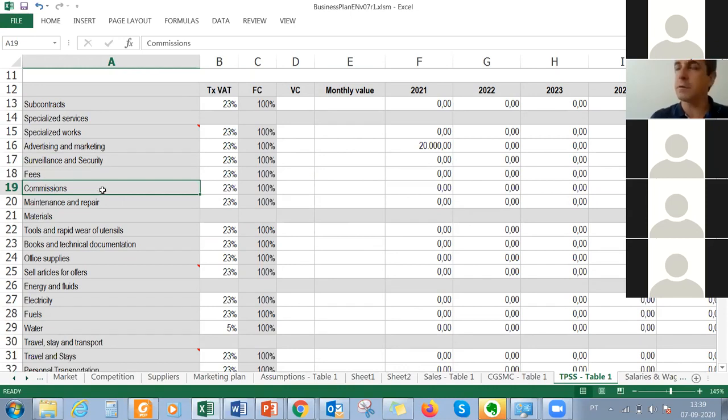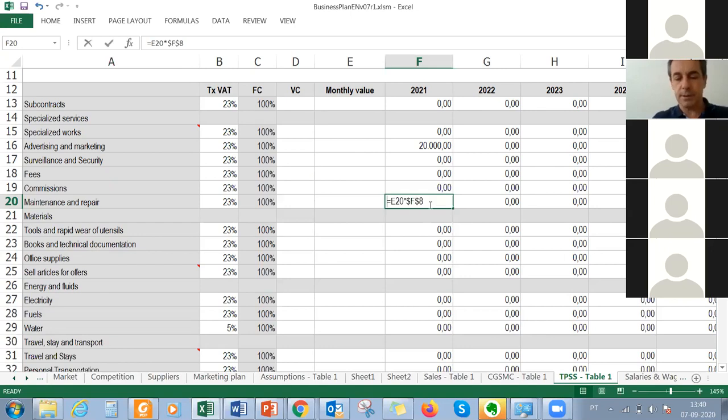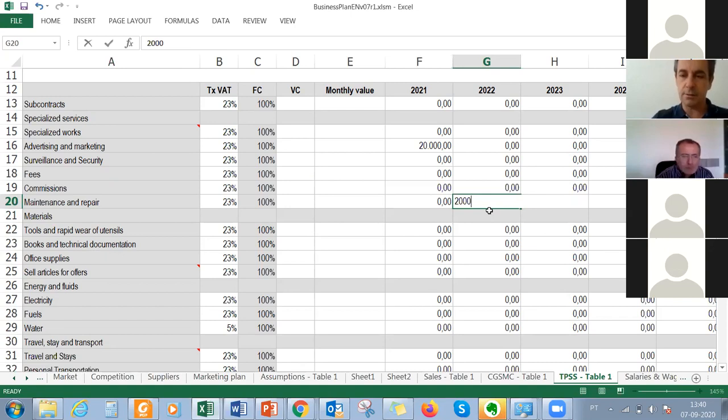Commissions, I will not pay commissions. I will have a shop, so commissions are not important. Maintenance, maybe I should put some number, but it's a decision I have to make. Maybe in the first year I don't have maintenance costs, but in the second year I do.